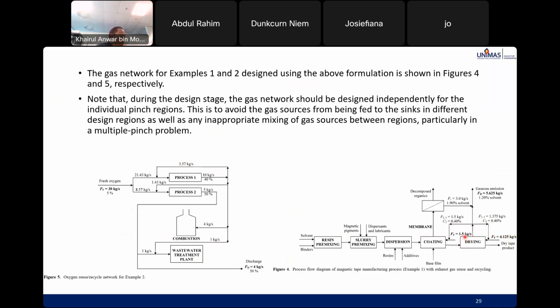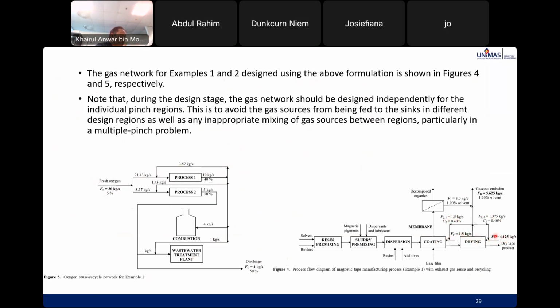Here the fresh feed is 1.5 plus 1.5. There's a reduction in the fresh feed nitrogen in this case. So 1.5 plus 1.5 plus 4.125 here, 1.5 plus 4.125 here, FF for coating, fresh feed for drying.